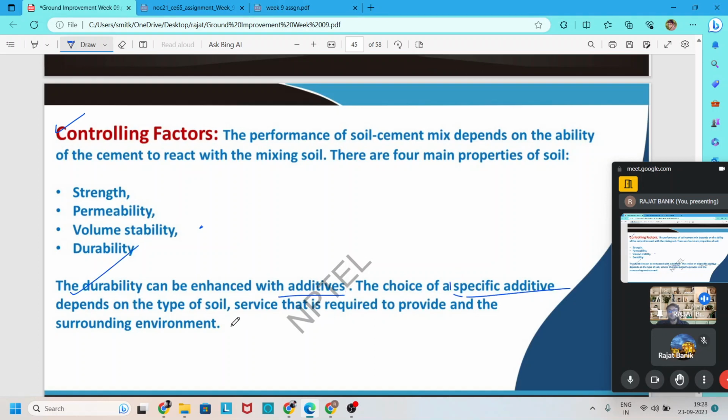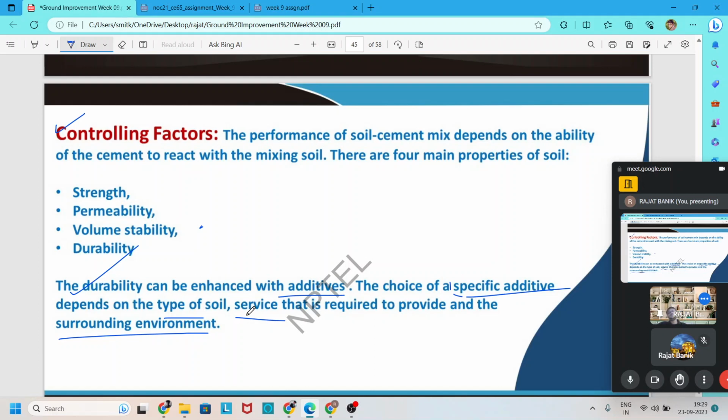It depends on what purpose it is used for, what type of soil it is, and also the surrounding environment, whether it is humid, whether it is very hot or cold, whether it is very rainy or dry.